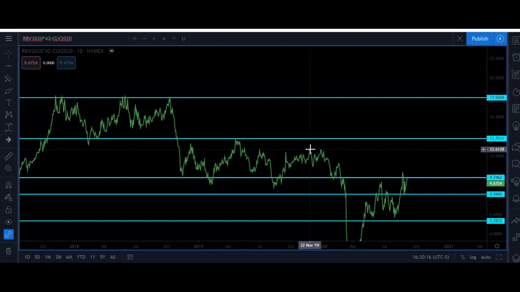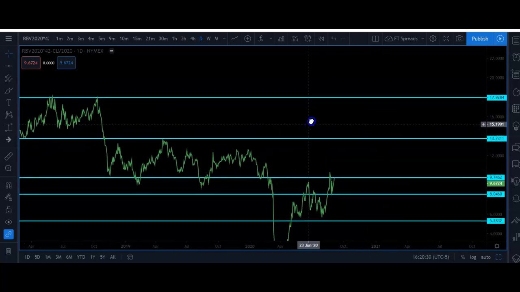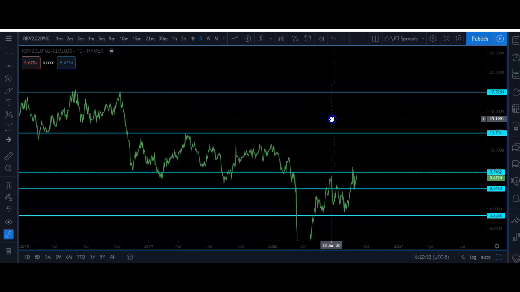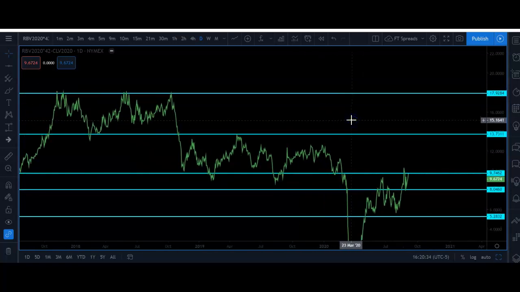So the way we get the ratio of these two is to always use that mathematical formula. And of course your charting provider has to have the technology to do that. I am using TradingView here, and you need Pro Plus to create spreads.